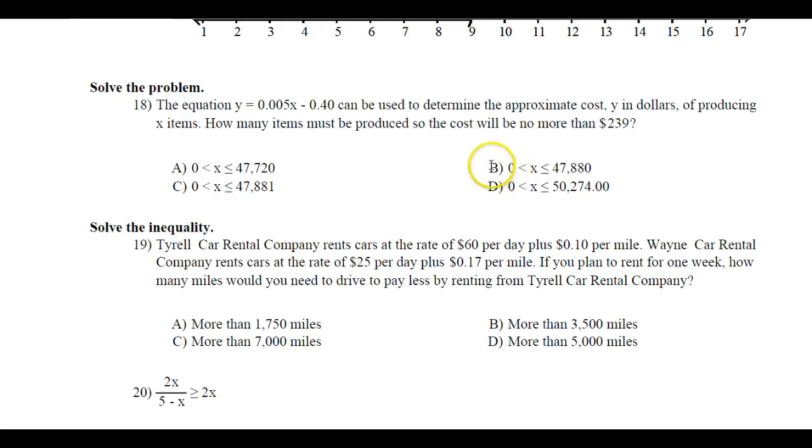In number 18, as we look at this function, can be used to determine cost. So you're looking for an inequality in which the cost will be no more than this. So less than or equal to this. So what we do is we replace the y with this.